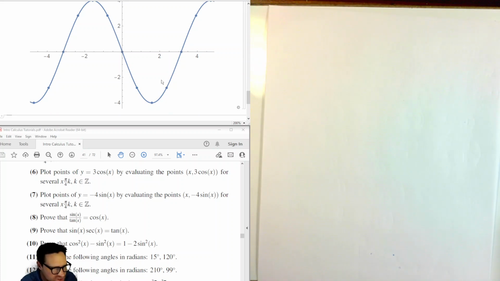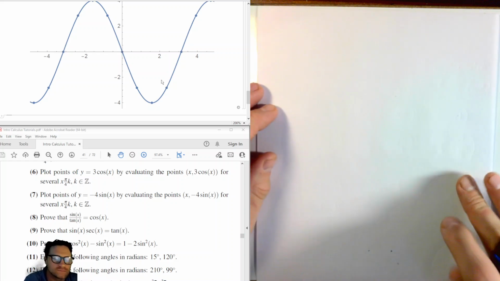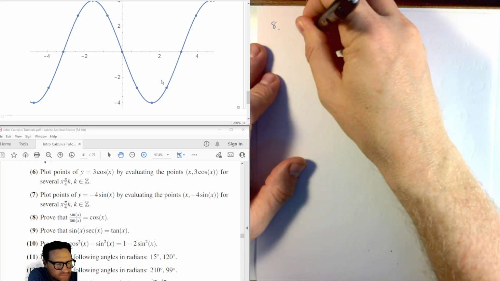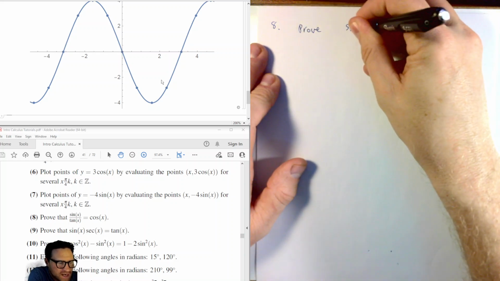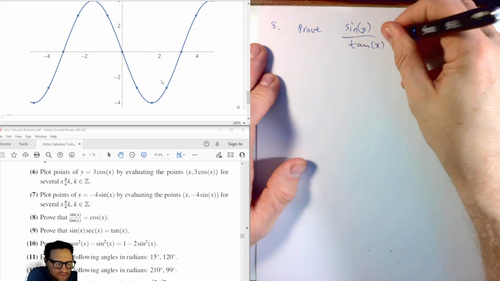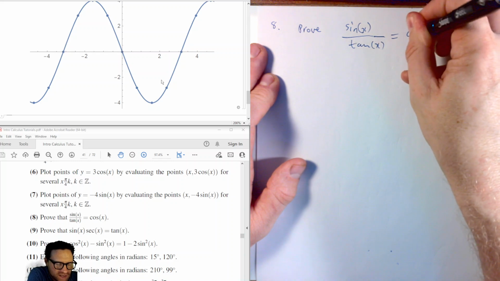All right, next question is question 8, which says prove sine x over tan of x is equal to cos of x.